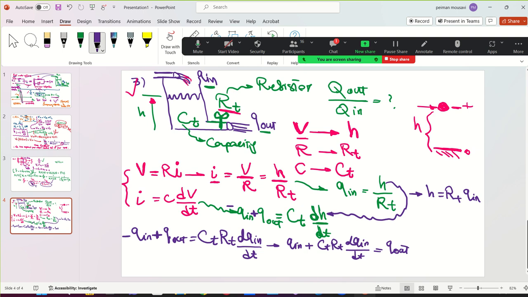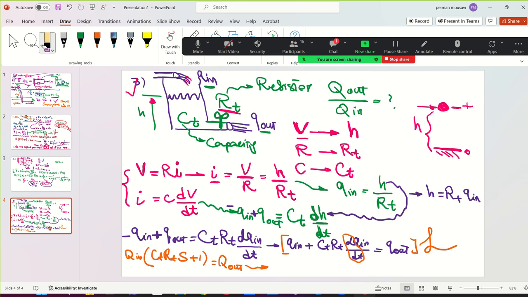This is the time domain. How to transfer to the frequency domain? Laplace. So you have Q in times CT RT S, because of the first time derivative, plus 1 is equal to Q out. So Q out over Q in is 1 over CT RT S plus 1.